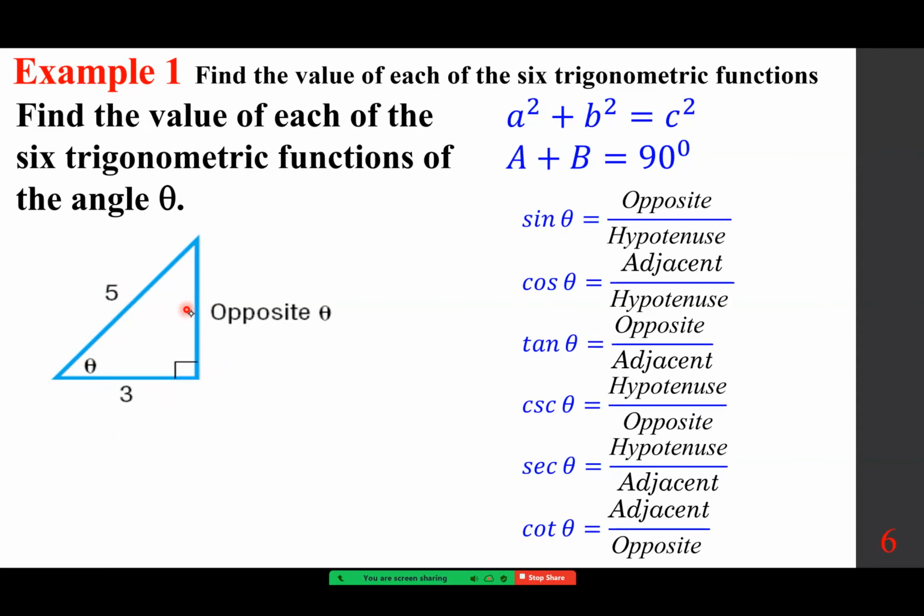So all we have to do, calculate this. As you know, Pythagorean theorem says a squared plus b squared equals c squared. So 3 squared plus this side squared equals the 5 squared. So we call that b.